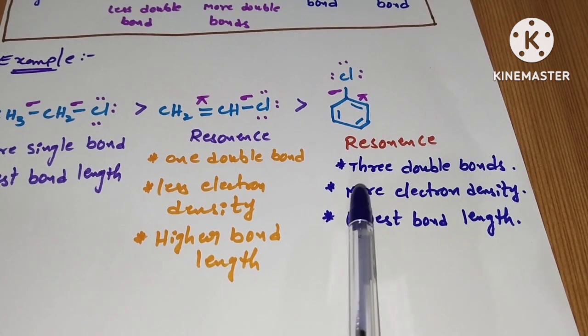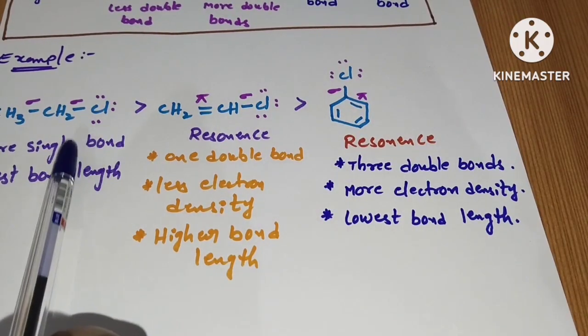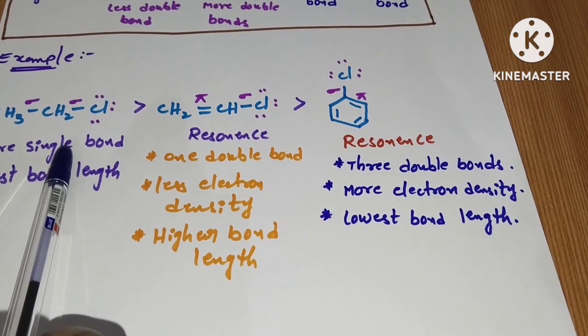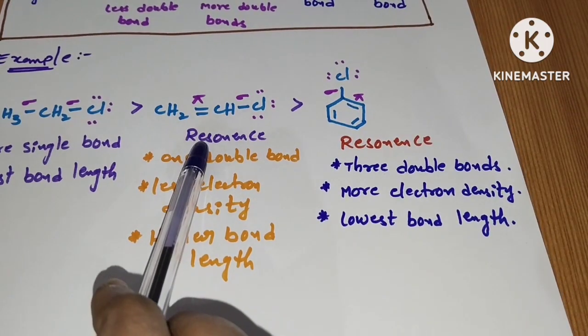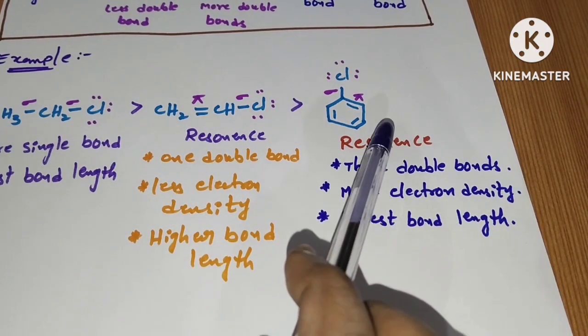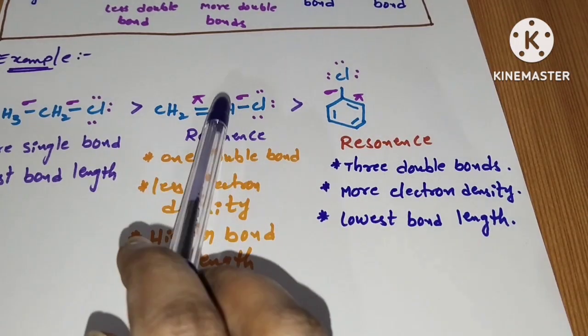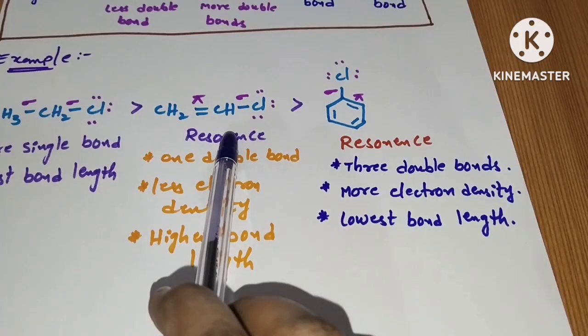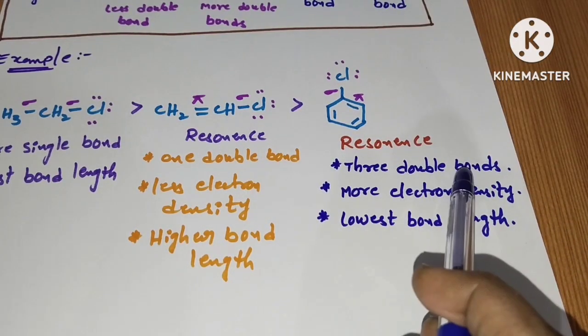Now, according to the rule, the first compound contains a pure single bond, so it has highest bond length. And in the second and third compounds resonance is common. Here we look at the number of double bonds. The third compound contains 3 double bonds.